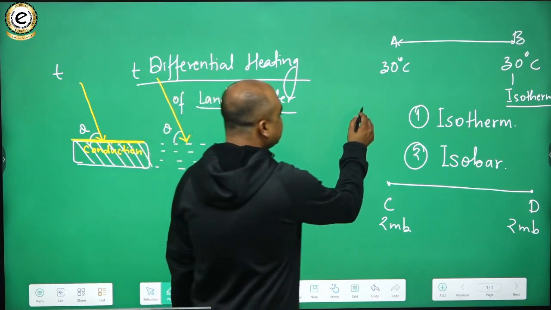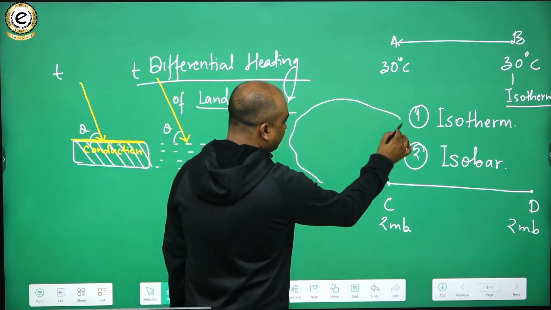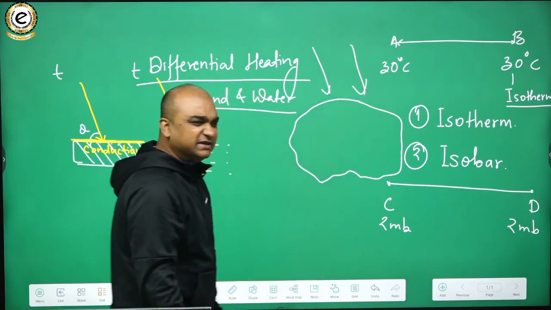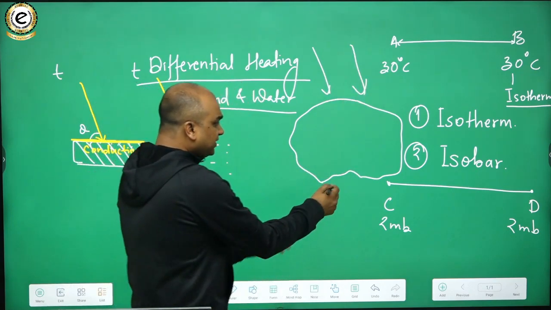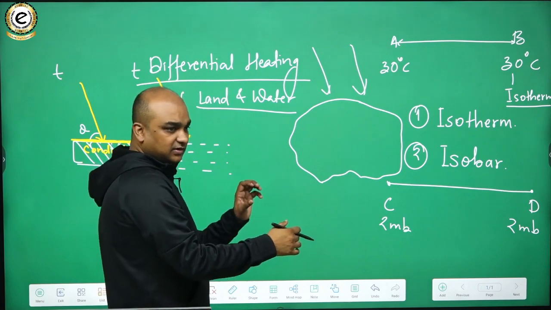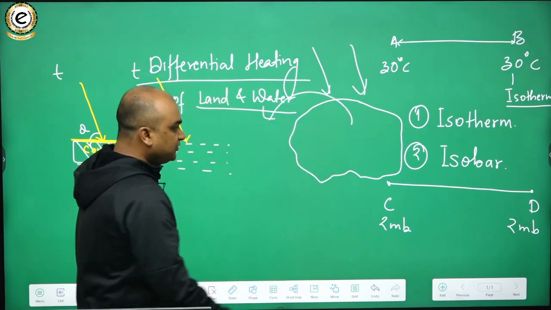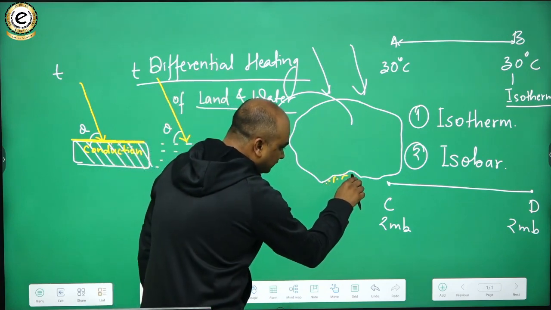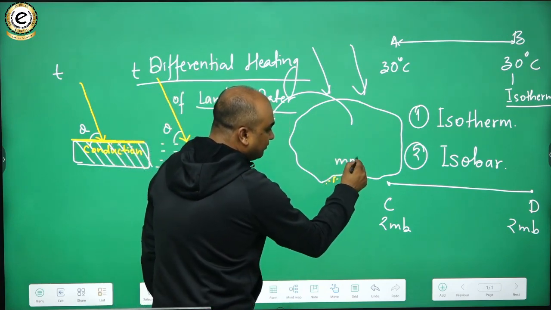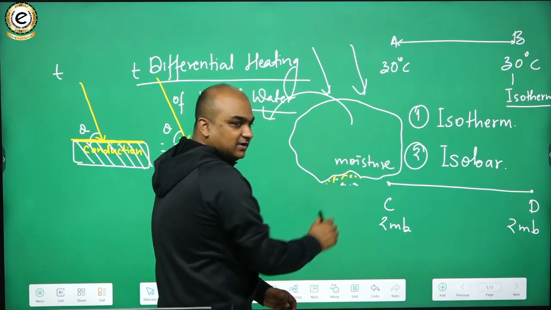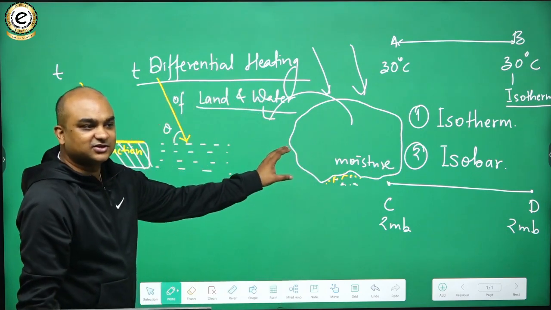Like in summer season, you will see that if there is a big rock and it's a scorching day, high sun beating the ground properly, if you just take that rock and turn it upside down, you'll find in the lower section of the rock, there could be some moisture. That's why you'll find some insects hiding in that lower section of the rock.